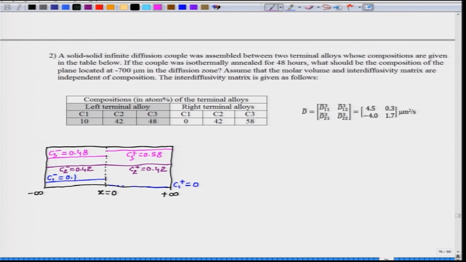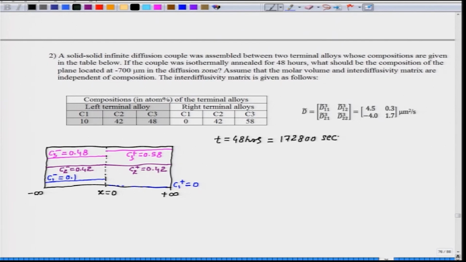The couple was isothermally annealed for 48 hours. So, the diffusion annealing time t is equal to 48 hours. If we convert it to second, because we use diffusivities in meter square per second or micron square per second, it will be 172,800 second.